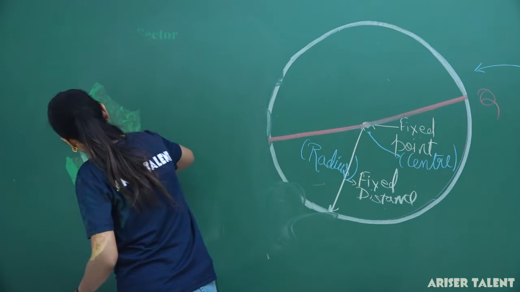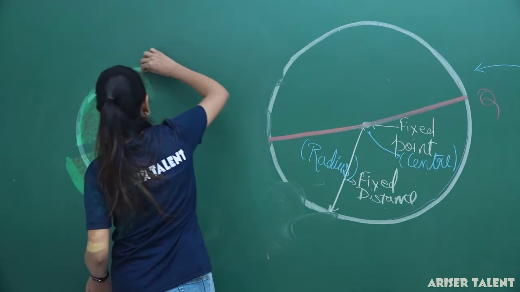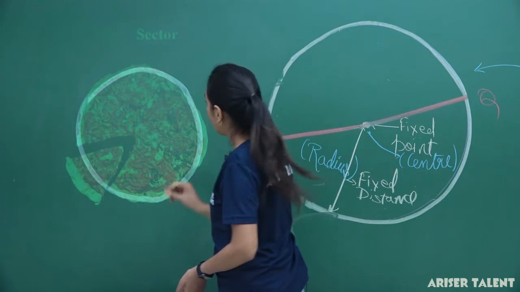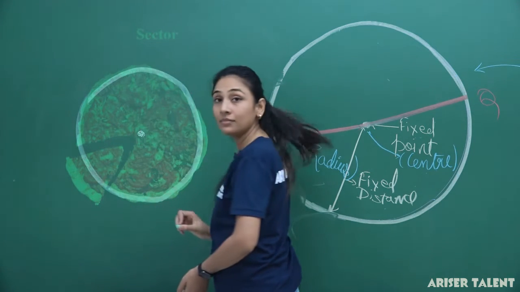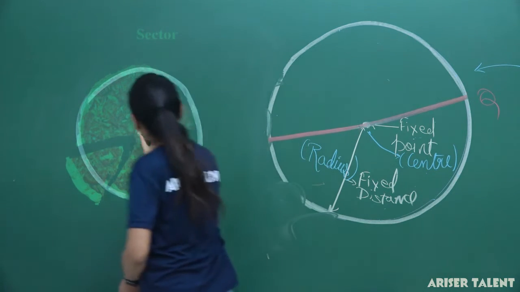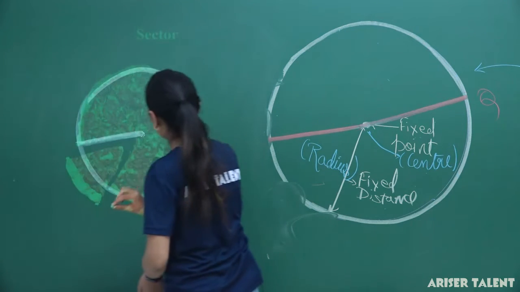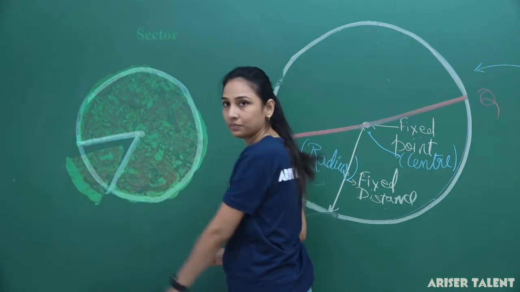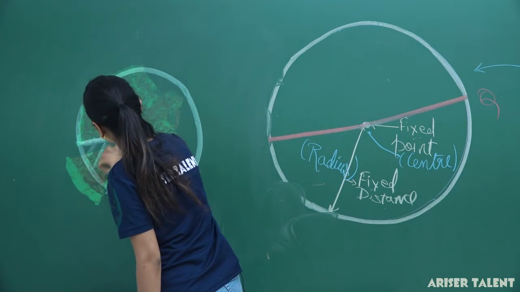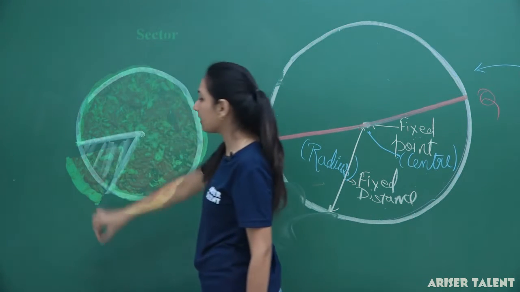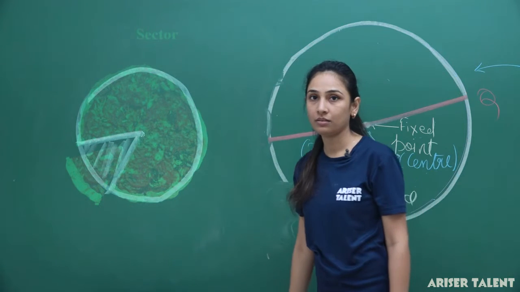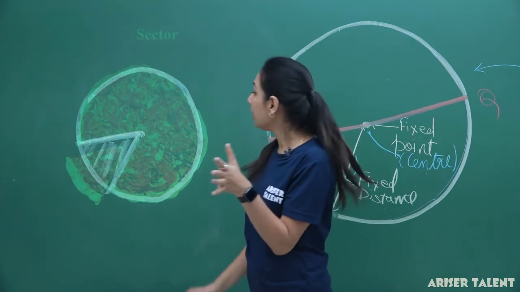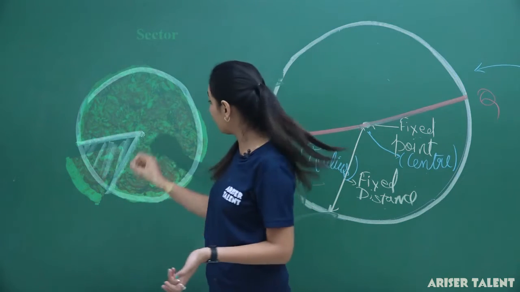Our pizza is a complete circle, and this is the center of it. Now, I will draw a radius here and a radius here. So basically my pizza slice will be a sector.